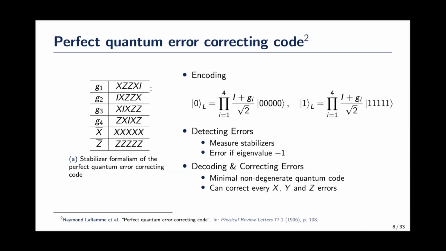Since it's a stabilizer, the measurement result, the eigenvalue, must be 1, and if the eigenvalue is -1, an error occurred at this stabilizer. The perfect quantum code is a minimal non-degenerate quantum code, which means we can know exactly what error occurred on which qubit.